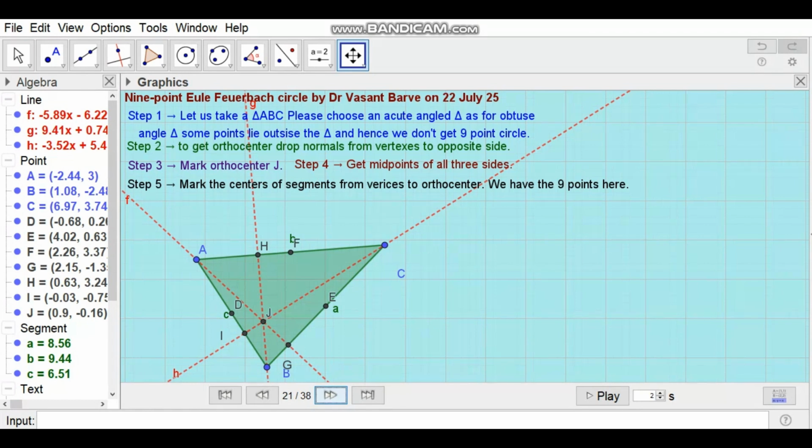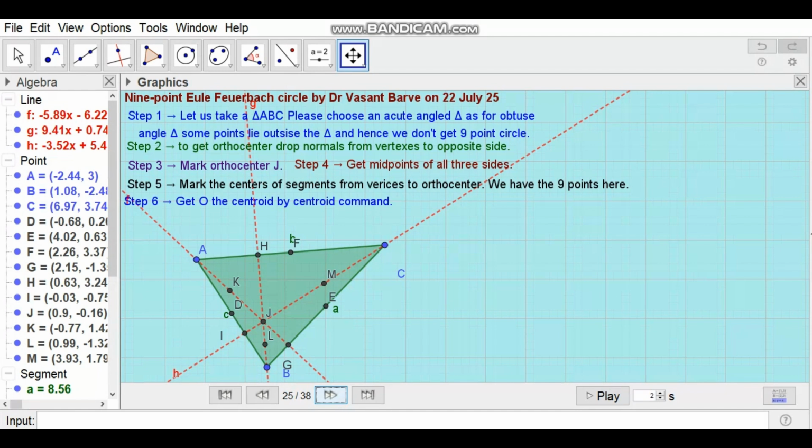See, I've got this AJ, then BJ and CJ. I have to get the centers of these things. So I got K, L, and M. And please note that I have all the 9 points ready with me, but I have yet to get the center of all these 9 points.